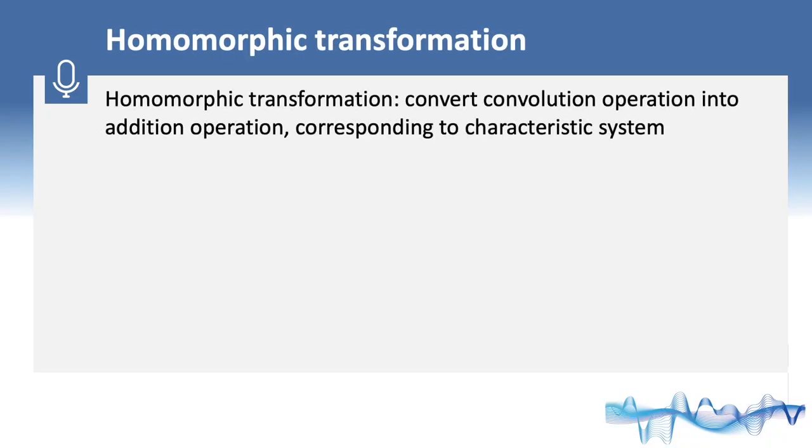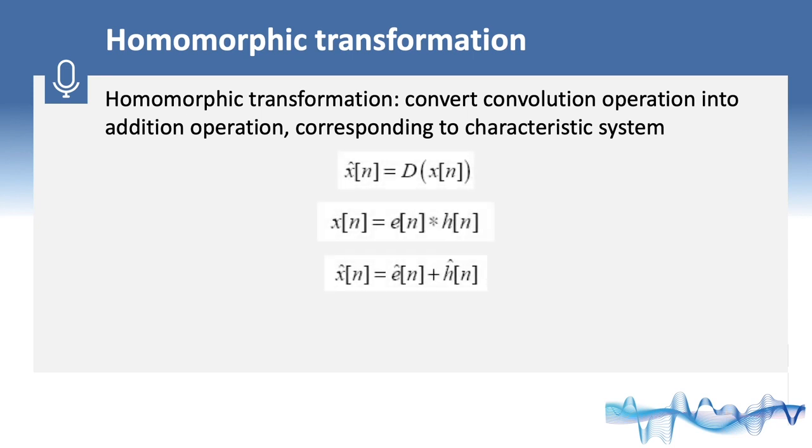As is shown in the equations, homomorphic transformation converts convolution operation into additive operation and corresponds to the characteristic system.